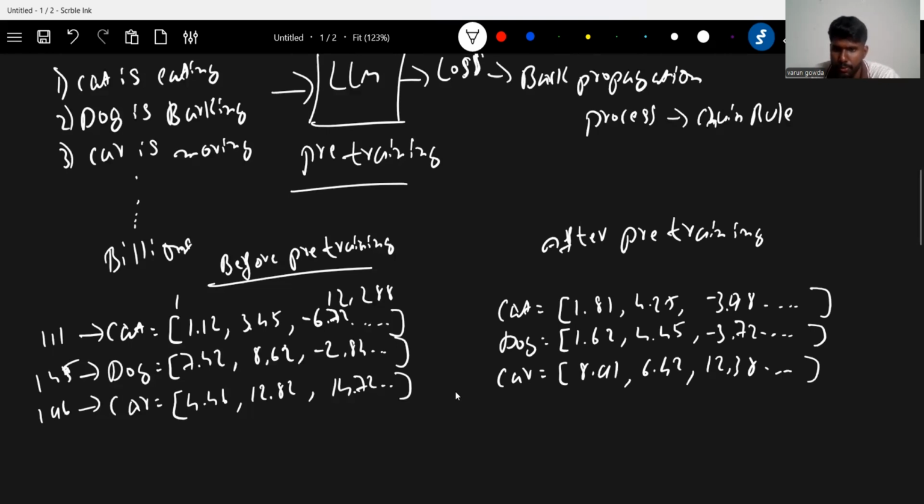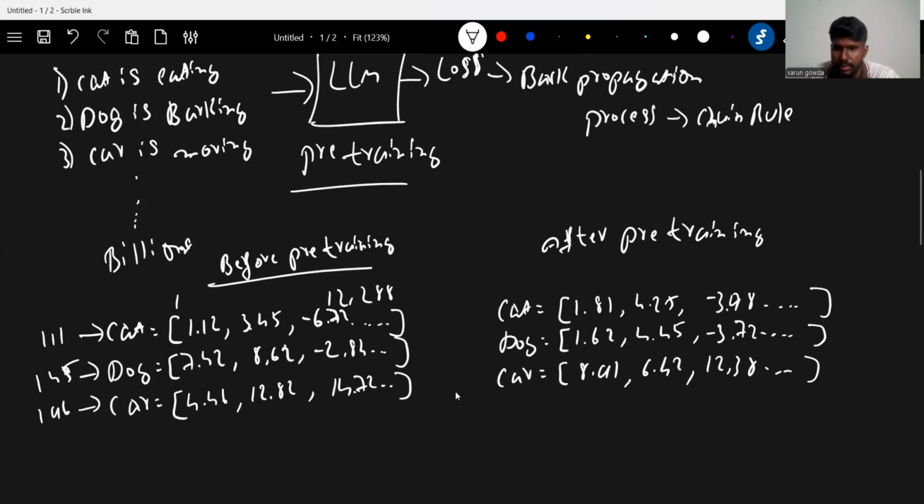Similarly, this 4.25 is somewhat near to 4.45, and these two numbers as well. Similarly, for all 12,288 dimensions, these numbers will come near because the LLM model, during the pre-training process, might have learned there is some match between dog and cat.